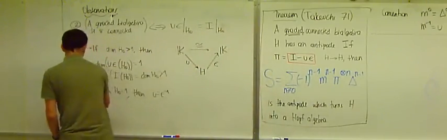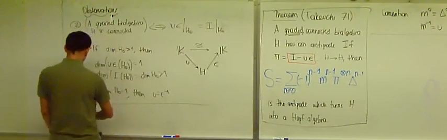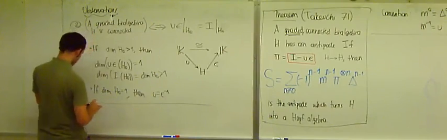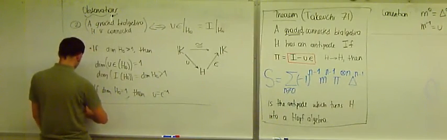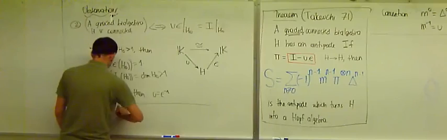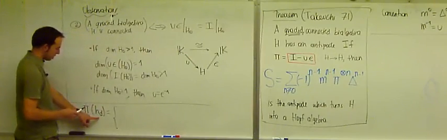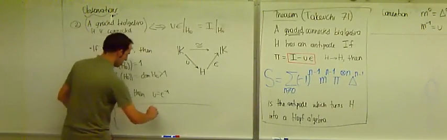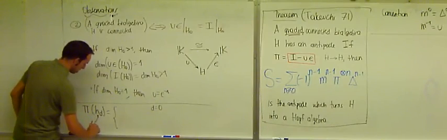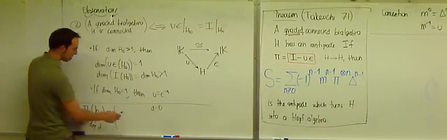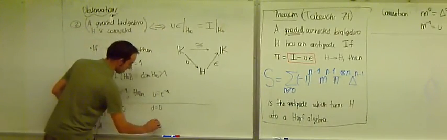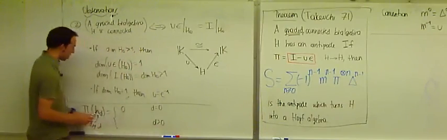So if h is of degree d, okay, so this guy has degree d. If I take something of degree 0, then pi kills it. But if I take something of degree bigger than 0, then what happens?